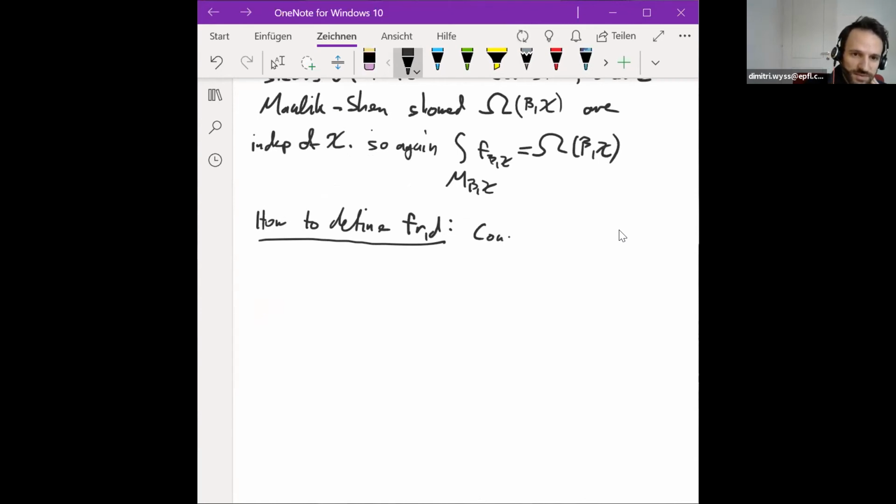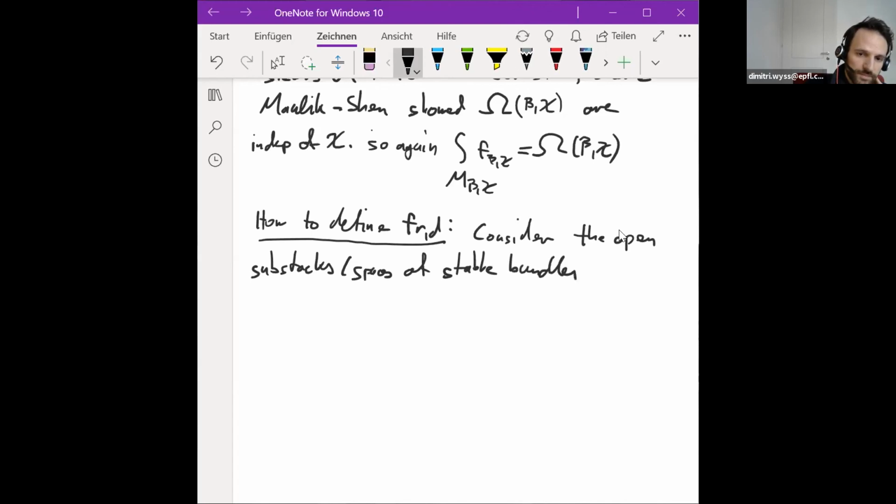So one has to consider the open substacks or subspaces of stable Higgs bundles. So if R and D are not co-prime, they will be strictly contained in the stack.